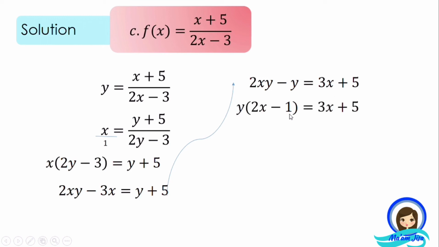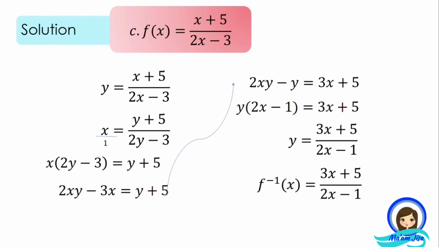Now, we factor out y, and that gives us y times quantity 2x minus 1 equals 3x plus 5. To isolate y, we divide both sides of the equation with the quantity 2x minus 1. Therefore, the inverse of the rational function x plus 5 over 2x minus 3 is quantity 3x plus 5 over 2x minus 1.